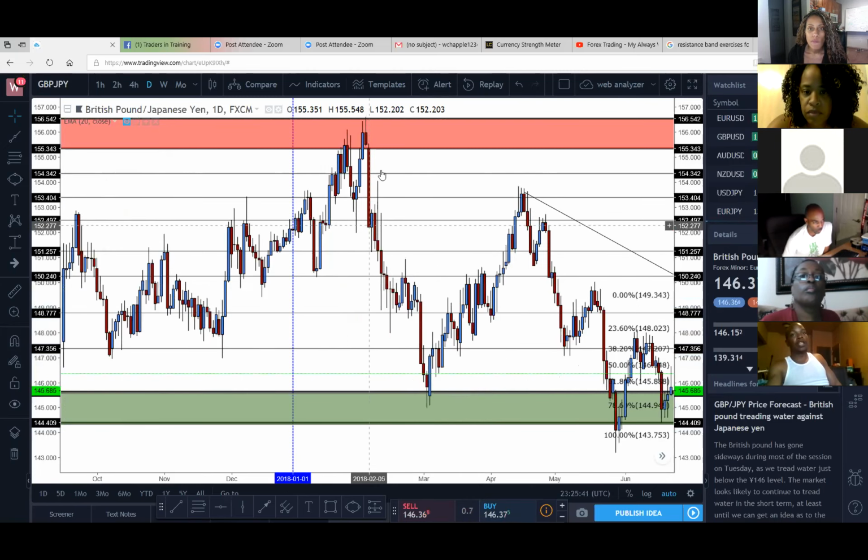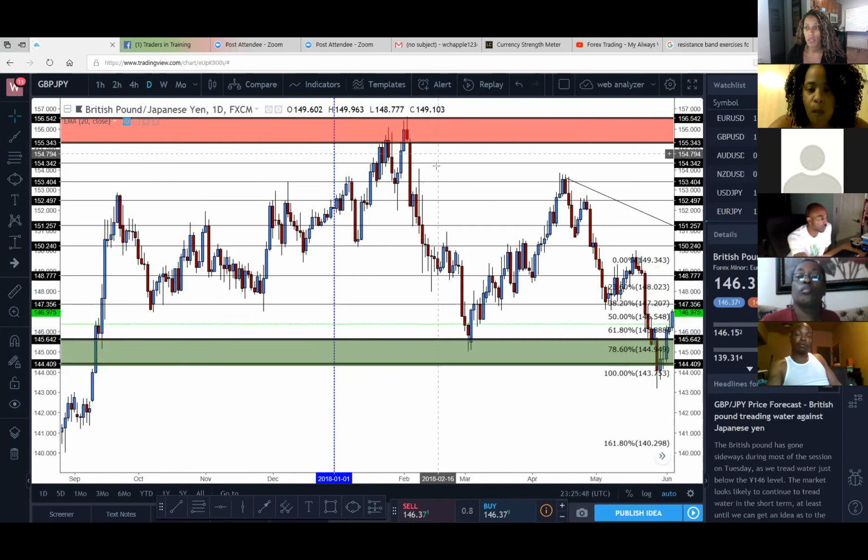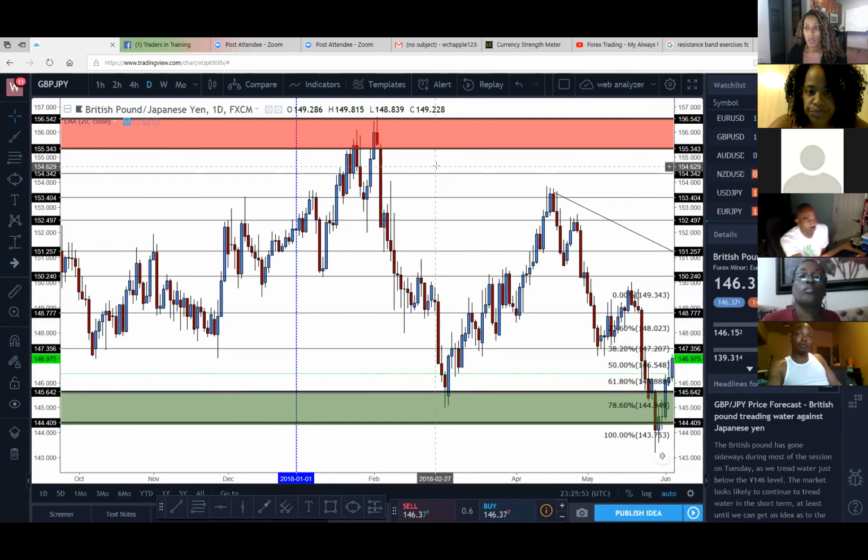Okay, so what are we looking for, guys, for our zones? Engulfing candles. Willie, is that an engulfing candle, sir? This? Yes. Yeah, I would think so.